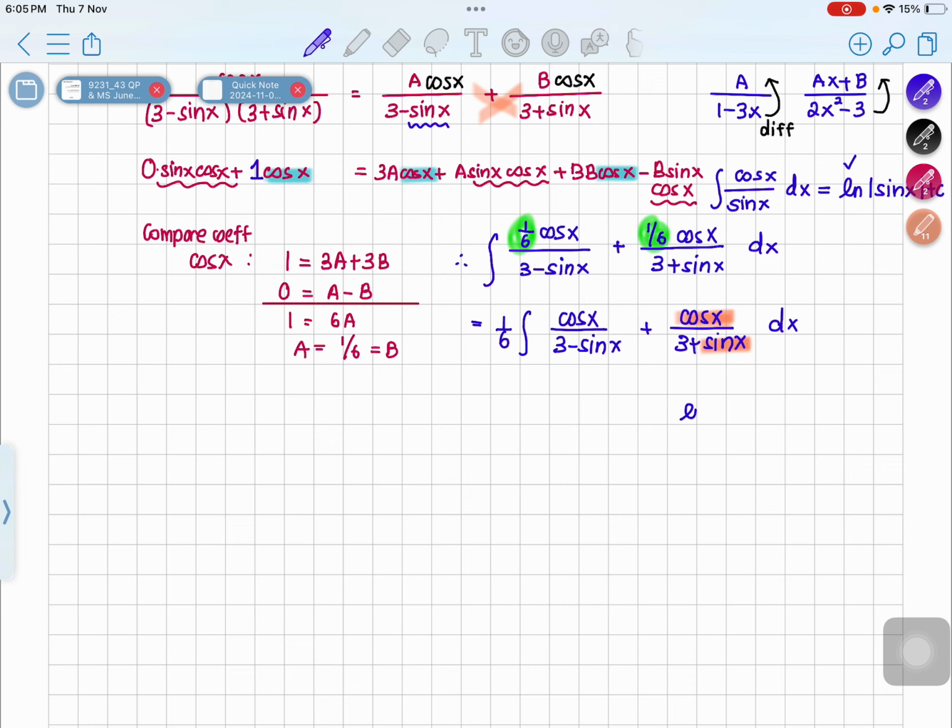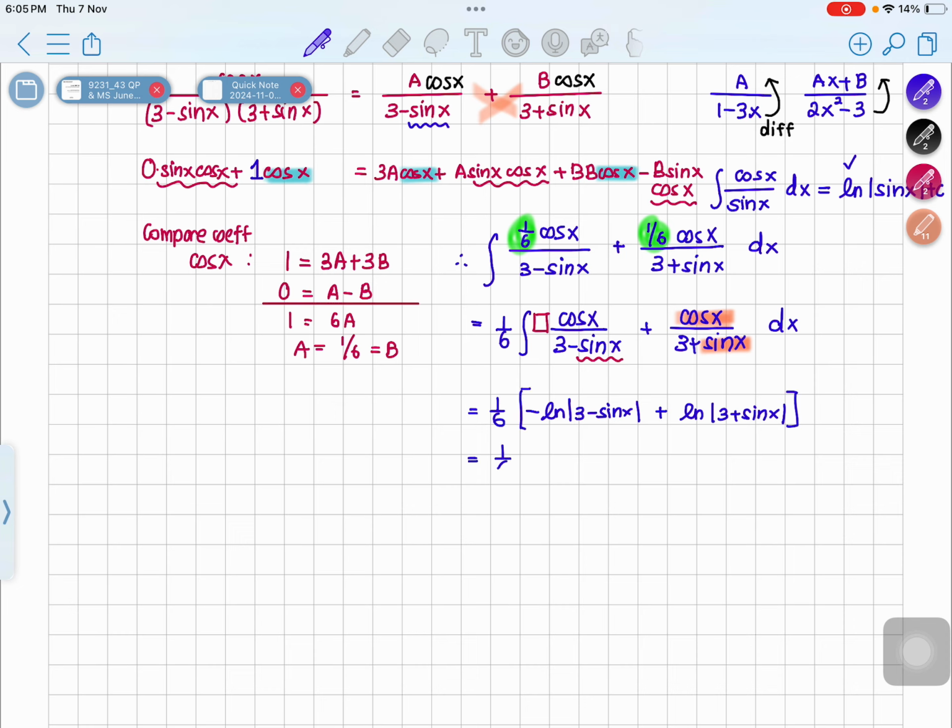So you can write this as ln of 3 plus sin x. How about the other one here? If you differentiate negative sin x, you should actually get negative cos x. But do you have a negative here? You don't. So you will just balance it by putting negative ln of 3 minus sine x. The 1 over 6 stays there, and we are done with our integration.